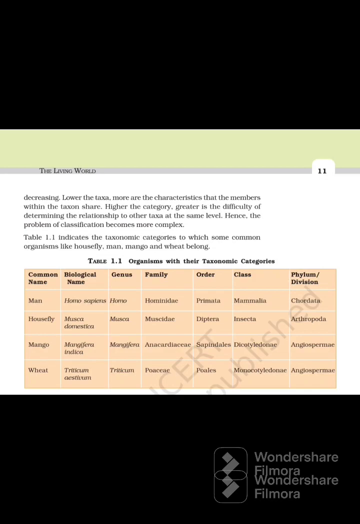Order Sapindales. Class Dicotyledonae. And phylum or division is Angiosperm. Fourth one is wheat, that is the common name. Biological name is Triticum aestivum. Genus is Triticum. Family Poaceae. Order Poales. Class Monocotyledonae. And division or phylum is Angiosperm.